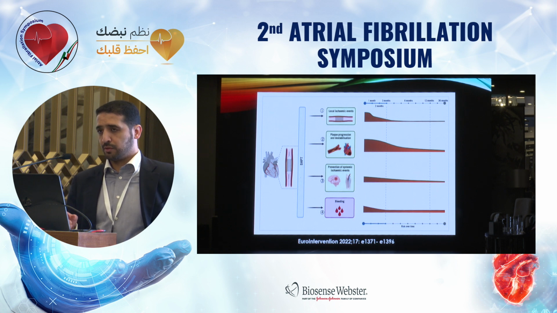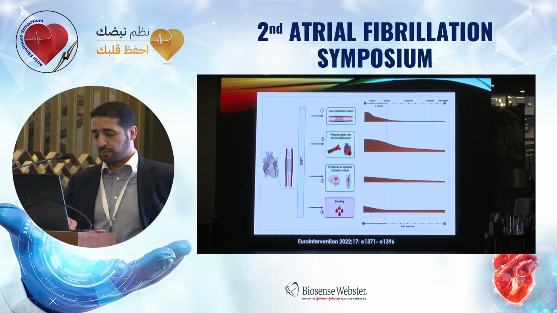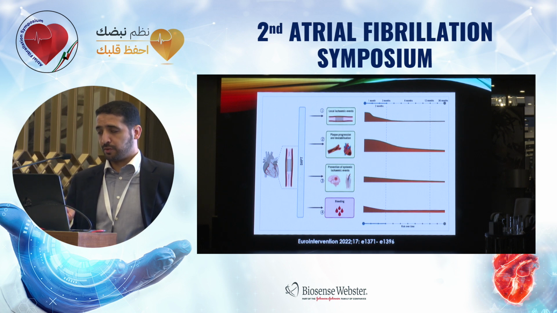In the first month, you have to prevent local ischemia, prevent progression or destabilization of the plaque, prevent ischemic events, and prevent bleeding. So it is not an easy decision.